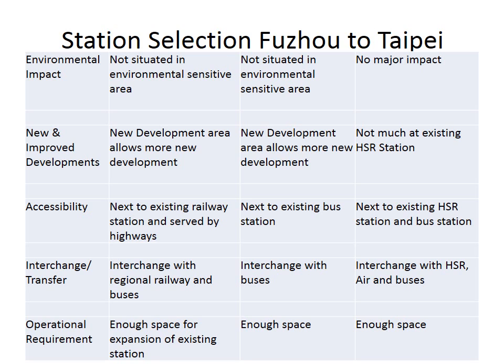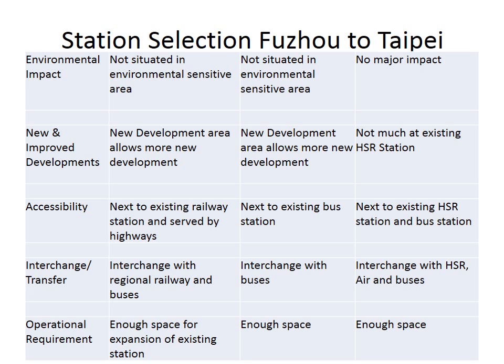For the next one, it will be the interchange or the transfer. Talking about the interchange with regional railway and buses for the Fuzhou area. In Pingtan Island, there will be interchanges with the buses. And on the other hand, for the Taipei area, it will interchange with the high-speed rail currently in use, with the air and the buses as well.